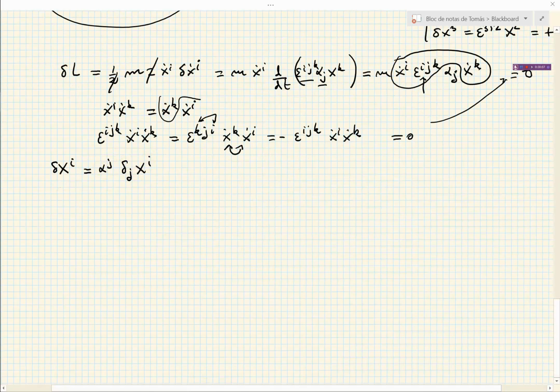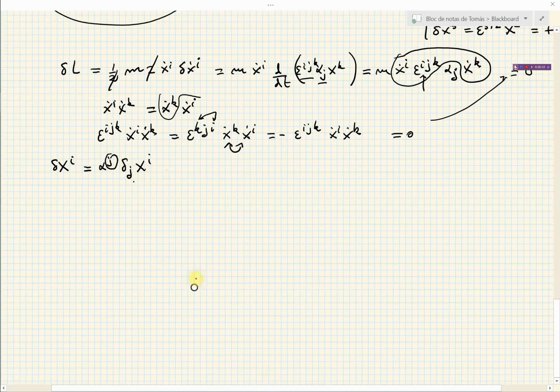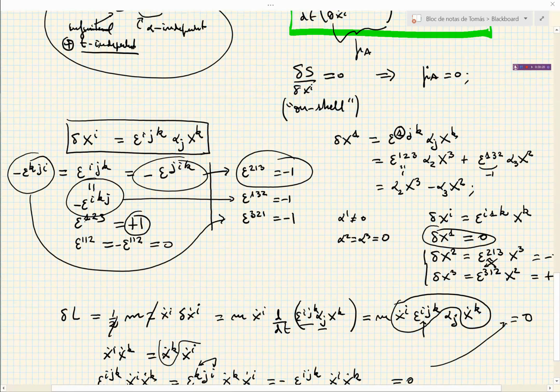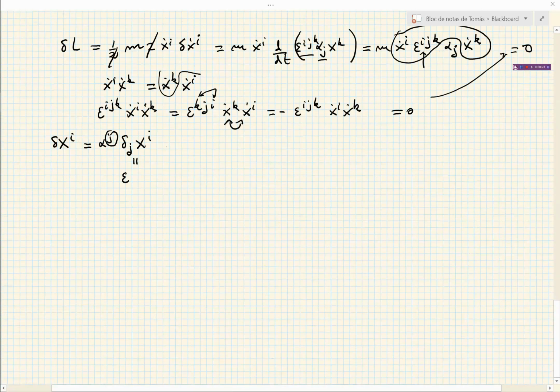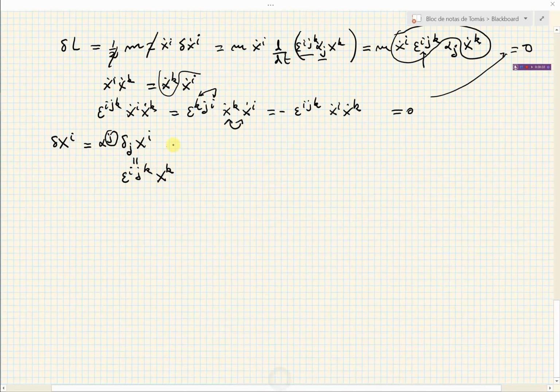Again, we have the coincidence that the index a is again a space index, but okay. So what is this delta j xi? Just by looking here, it is the alpha independent part of the transformation. So this is epsilon i j k x k. So that's all I need.